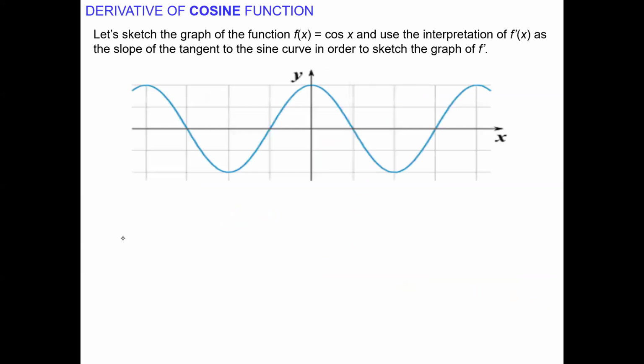Okay, cosine of x. Now we have to do everything from scratch. But what we will do, we will still use the slopes of the tangent lines. That means this is cosine of x.